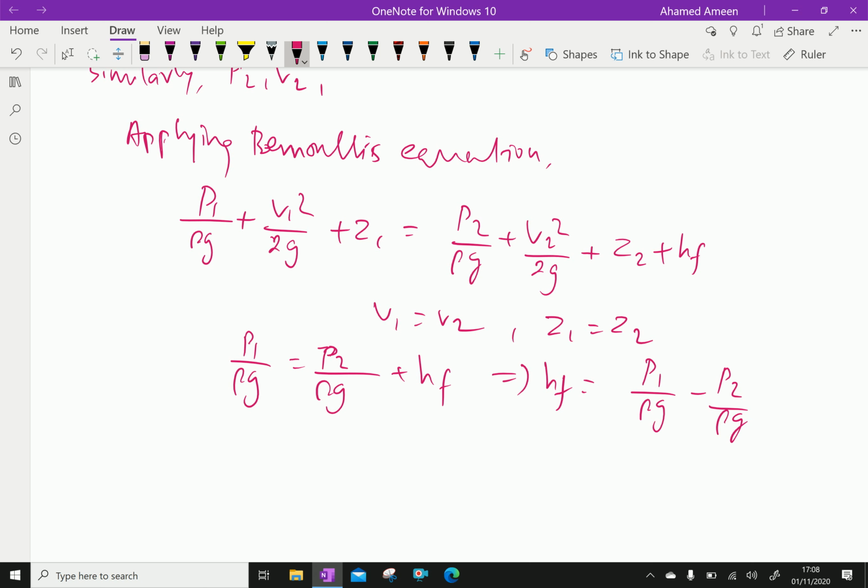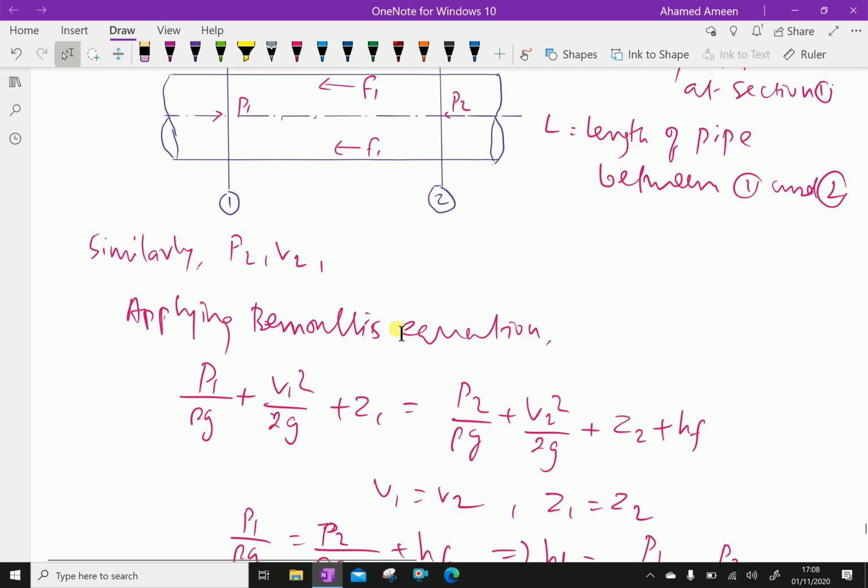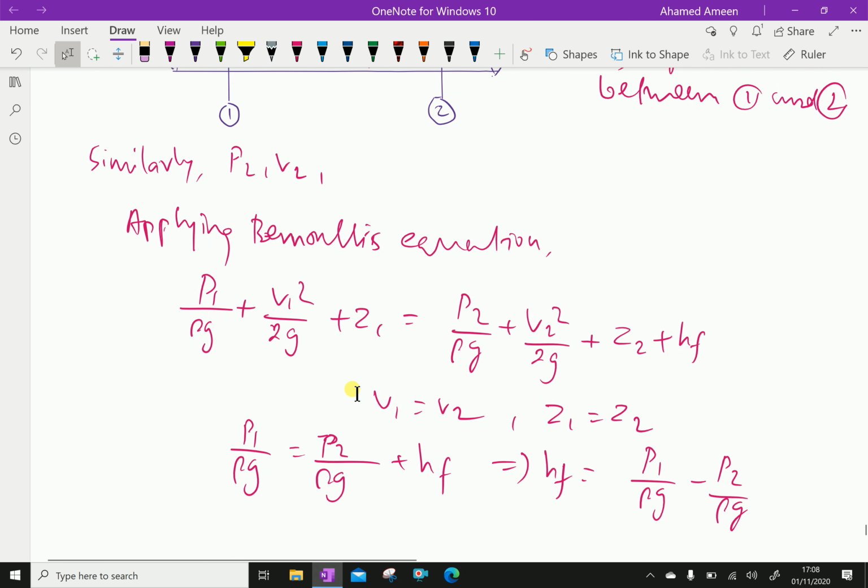But here HF is the head loss due to friction, and hence the intensity of pressure will be reduced in the section of the flow by frictional resistance. Due to frictional losses, pressure will be reduced.